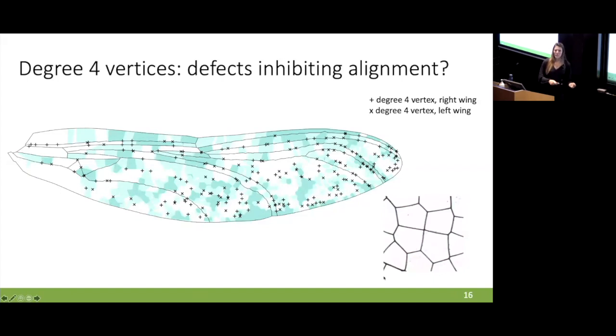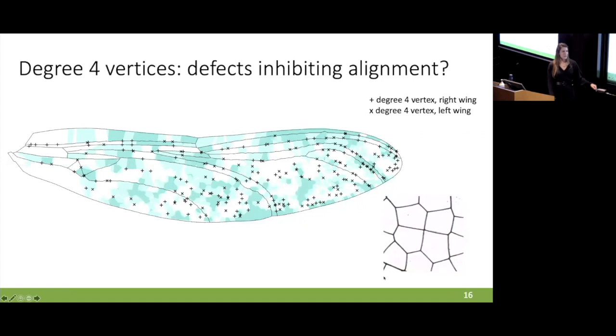So you'll have degree 4 vertices in places where there's no alignment, and places where there's good alignment, the boundaries almost seem kind of pinned by these degree 4 vertices. So my hypothesis is that these vertices are somehow impeding alignment.